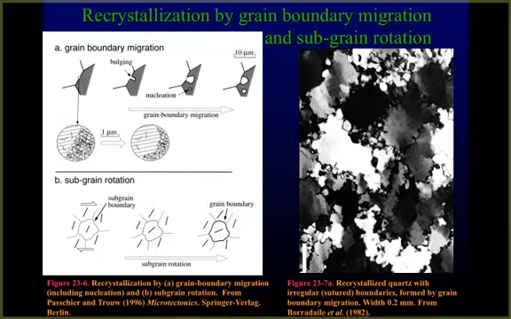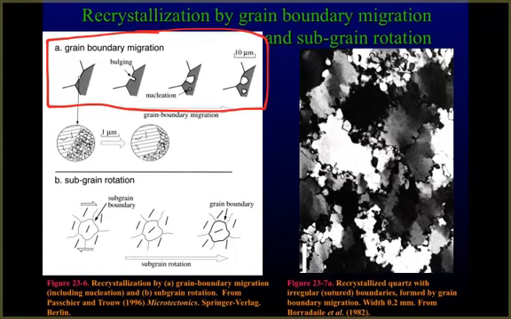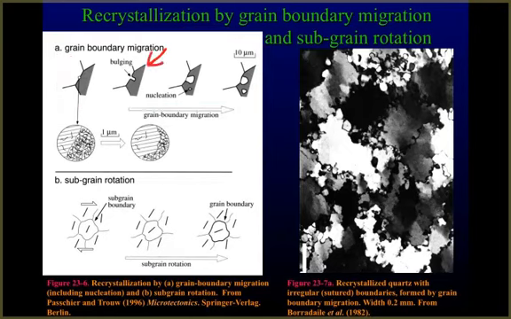We might also get recrystallization where the grain boundaries are migrating, is what it's called. So if we look at this top diagram, we're seeing the nucleation of a crystal along a grain boundary, and you get bulging within the old crystal, we'll call it, nucleation of new crystals, and recrystallization such that we see a texture that looks kind of like this in thin section.